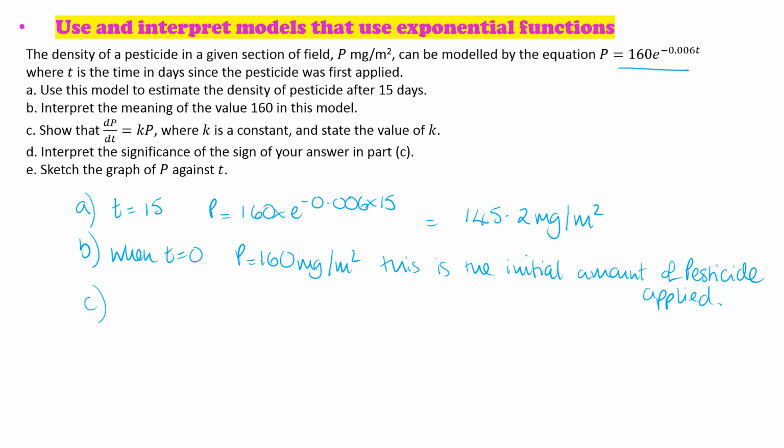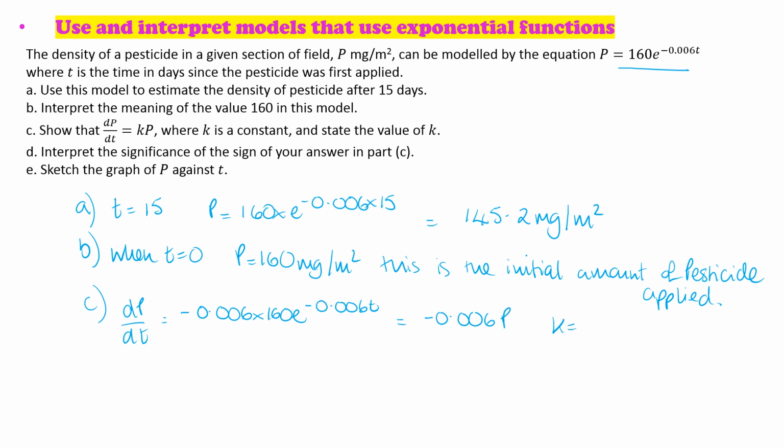C, show that dP by dt is kP. So dP by dt, we're going to differentiate. So the 160 is going to join in, the minus 0.006 will come down, so it'll be minus 0.006 times 160 e to the minus 0.006t, which is equal to minus 0.006P.